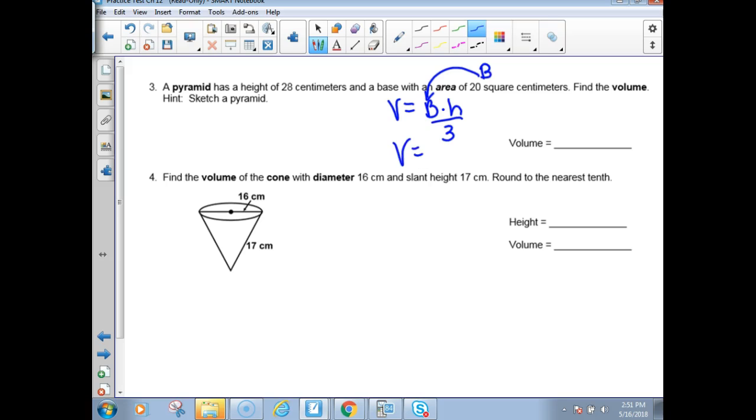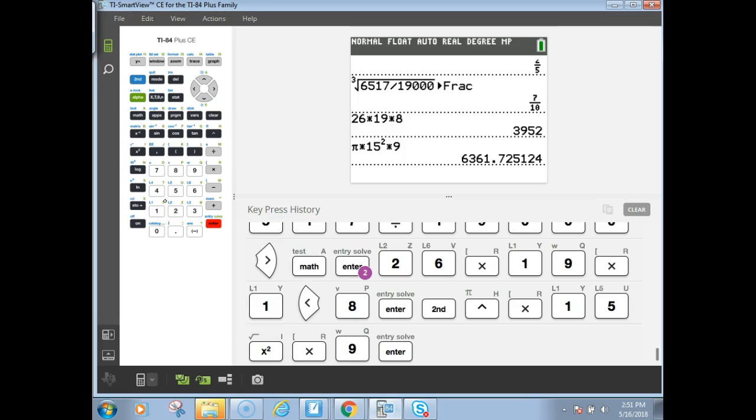So the volume is going to be 20 times the height, 28, divided by 3. Do you want to draw a picture of it? You don't have to. I can show you how though. So let's see if we can get that volume first though. 20, because they gave us the area of the base, times 28 divided by 3.